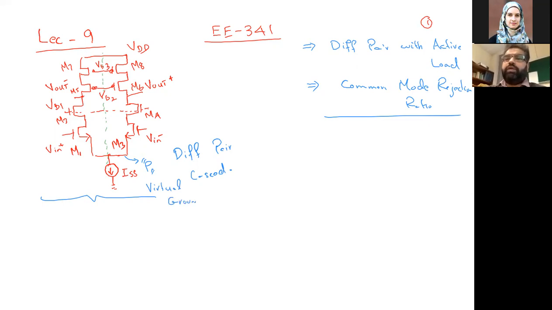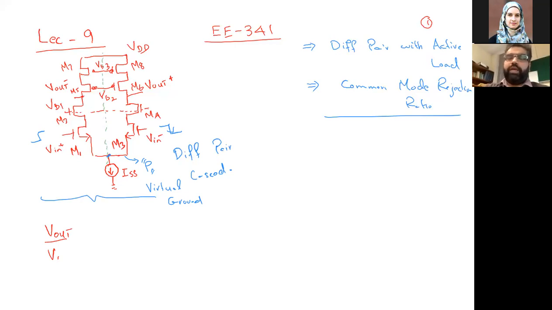If the signal increases here and decreases by the same amount, there will be no AC current flowing through this node P. So this is an AC ground, and based on this property we can separate the right and the left half, and solve any one of them, and that will be equivalent to my differential gain. If we want to write the differential gain, previously it was V out by V in.